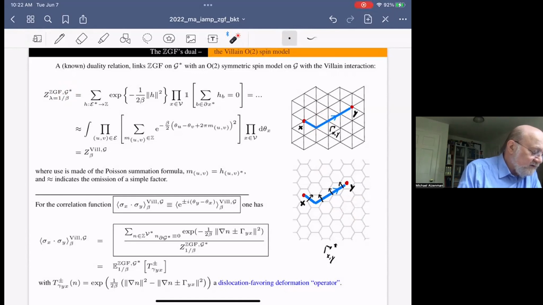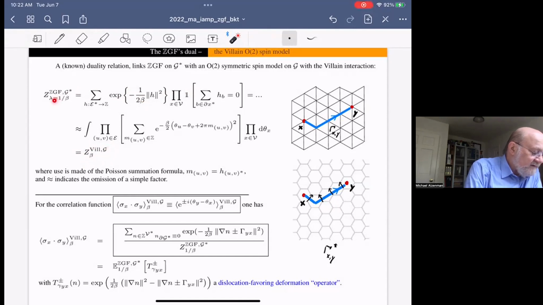The basic relation is that we start with a partition function. The partition function of the integer valued Gaussian field, ZGF, at coupling lambda on the dual to graph G, through a transformation which we may skip for a moment, is related to the partition function of the Villain model on graph G. So notice the G star here and G there.